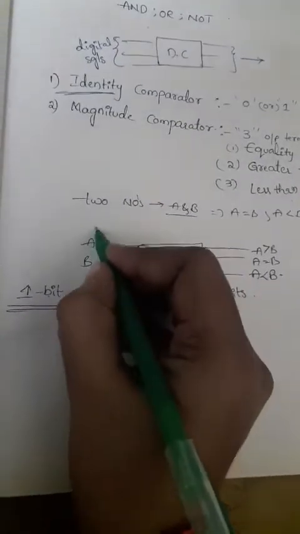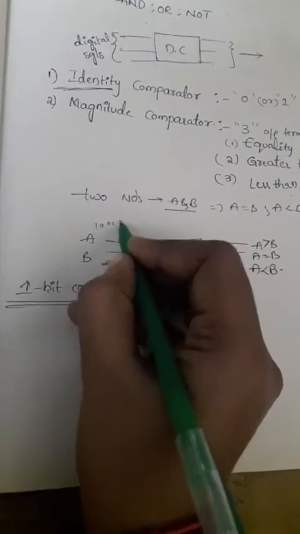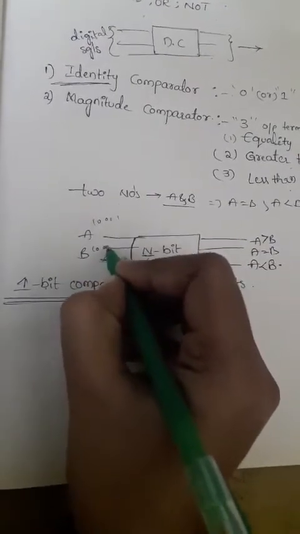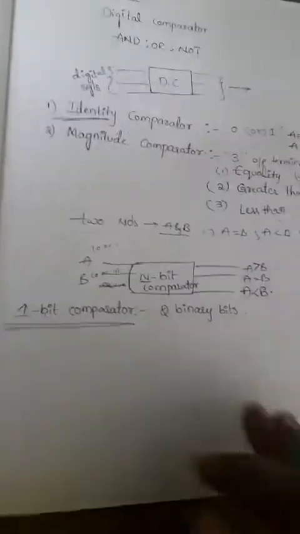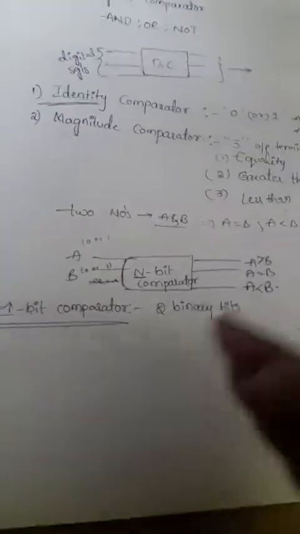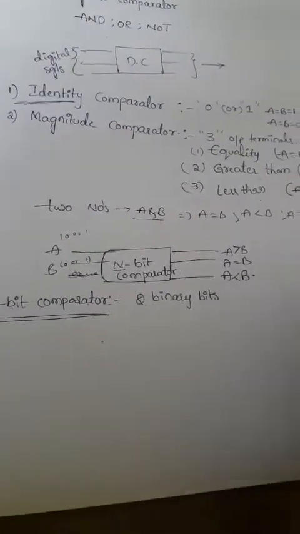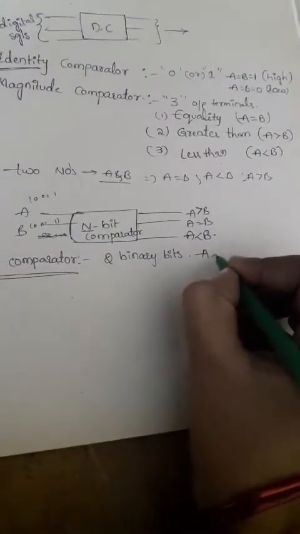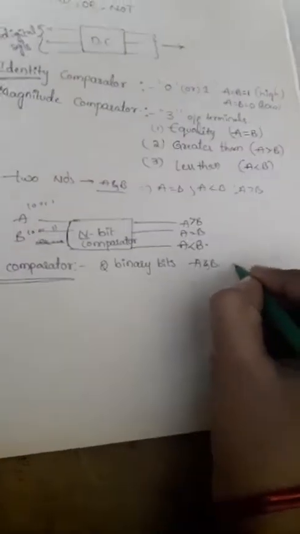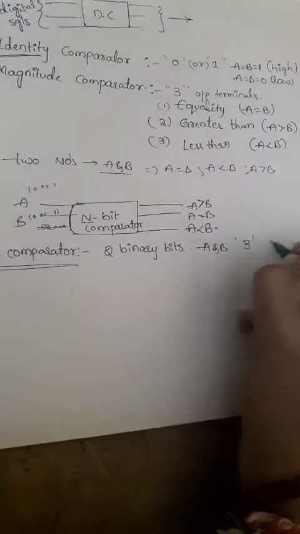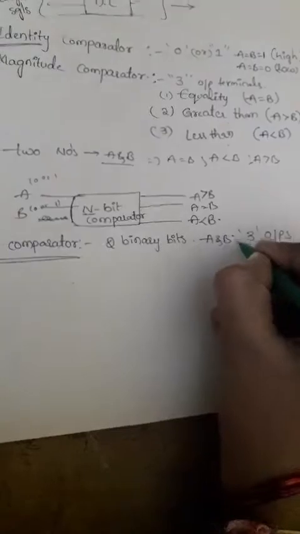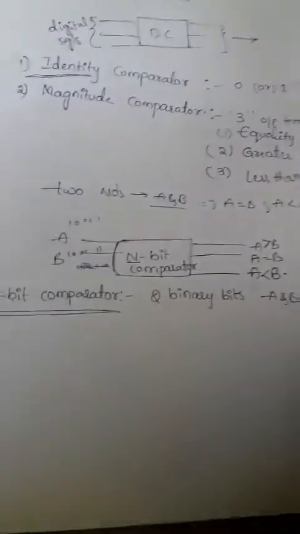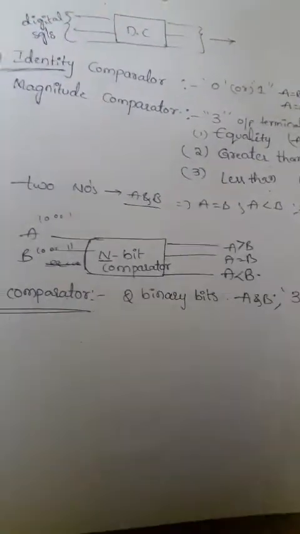That means A is either 0 or 1, and B is either 0 or 1. It also produces three outputs based on the relative magnitudes of the given binary bits. So it consists of two inputs of binary bits and produces three outputs, depending on the input conditions.